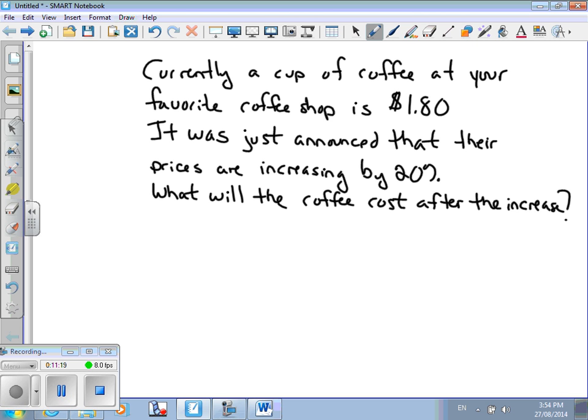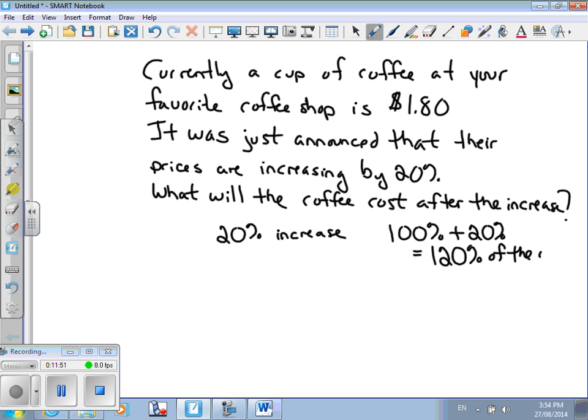So if we look at this 20% increase and think about it for a moment, we know that we're going to be paying 100% of what it used to be and another 20% when the increase is tacked on. That equals 120% of the old price or original price. So we're still always going to use the original.